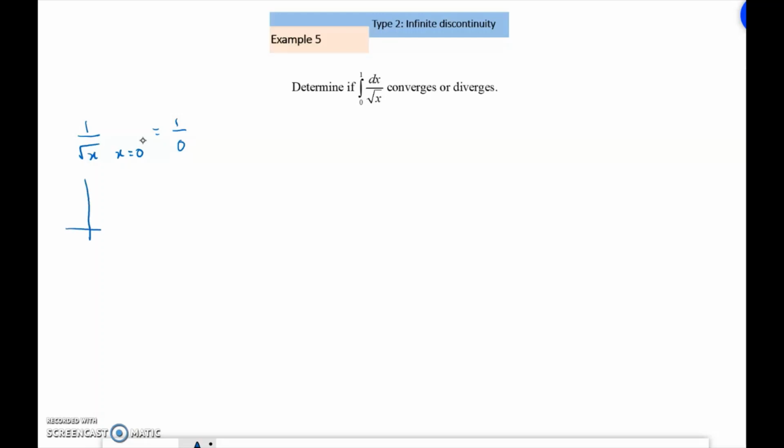So it means that from 0 up to 1, at 0 it has an infinite discontinuity. I just expect the graph should look like this. Okay, so now what we need to do is we can write this improper integral as the limit.